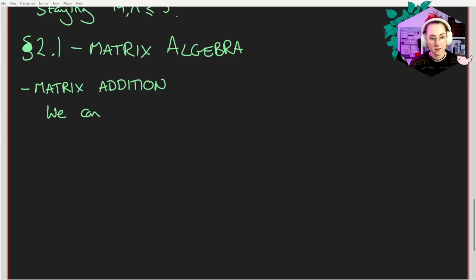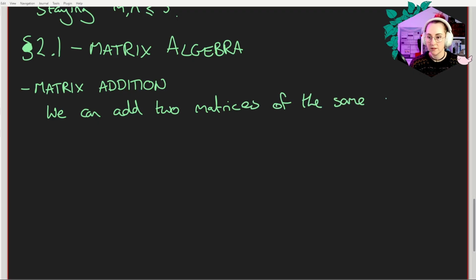So we can add two matrices of the same size. So say A, m by n, and B, m by n, element-wise.